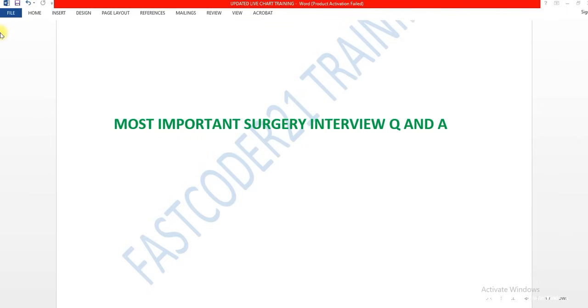Okay. So what is the difference between complex cataract and simple cataract? Anyone knows, guys?